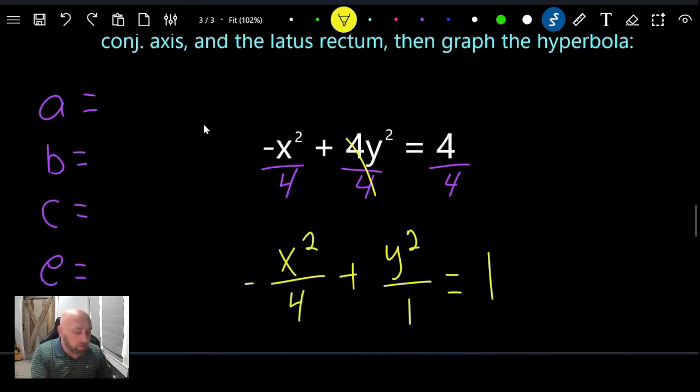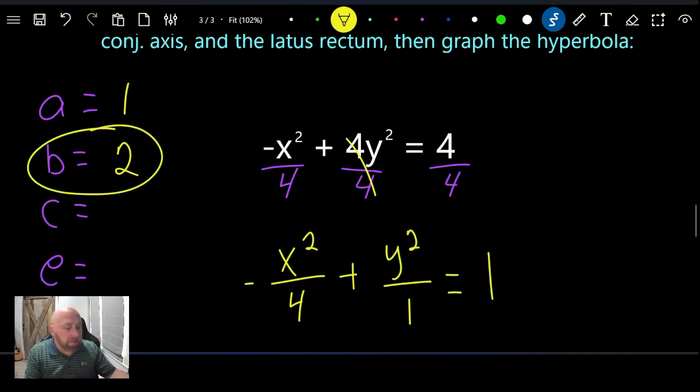The square root of 1 is 1. So we'll write 1 here, and then our b is going to be the square root of 4, or b is going to equal 2 in this case. Technically this b is negative, but let's just use the 2 positive, and then we will apply the negative sign when we need it. For right now, we don't need it, so a is going to be 1, b is going to be 2.